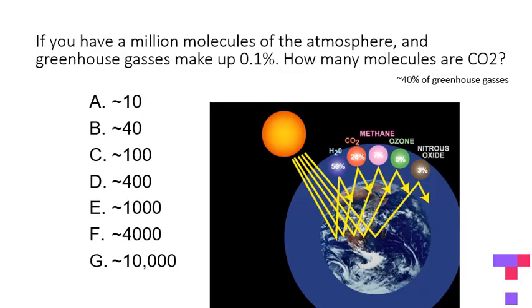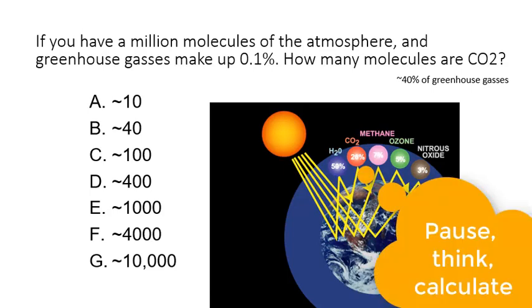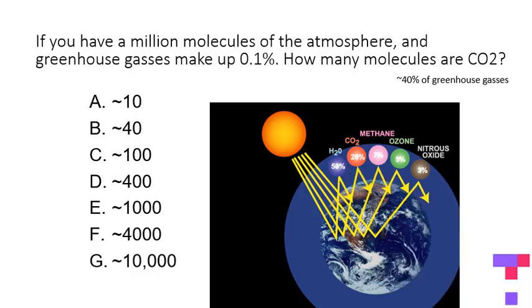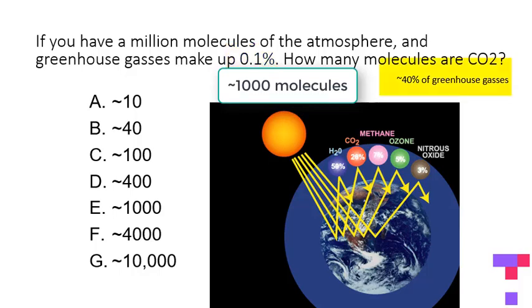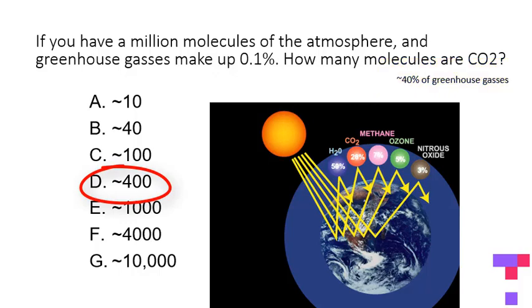Now, how many carbon dioxide molecules are in 1 million molecules of atmosphere? All greenhouse gases make up 0.1% of the atmosphere. That's about 1,000 molecules. If 40% of those are carbon dioxide, then there will be 400 molecules of carbon dioxide out of 1 million.